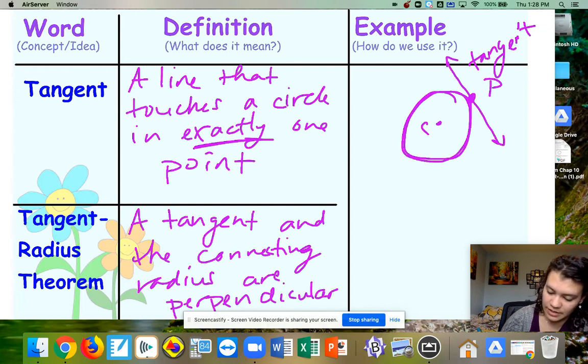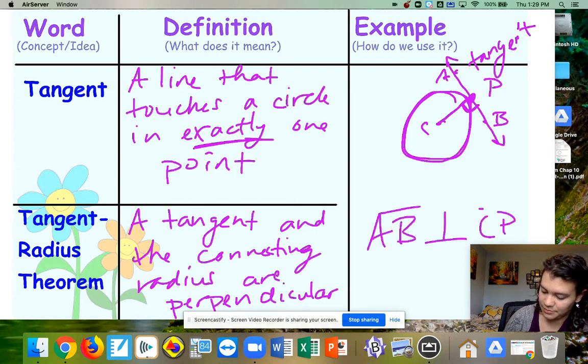So if I connected the center out like this, so this is your radius, this has to be a 90-degree right there. So let's call this A and B. So AB has to be perpendicular to CP.